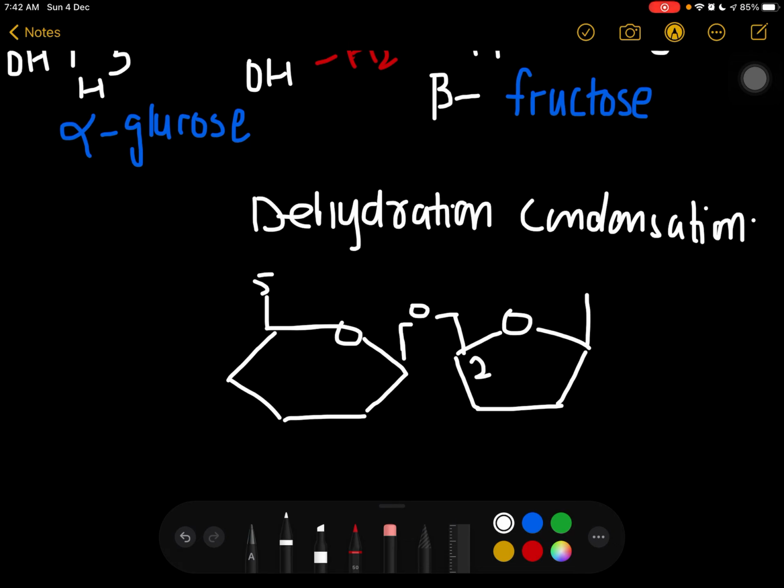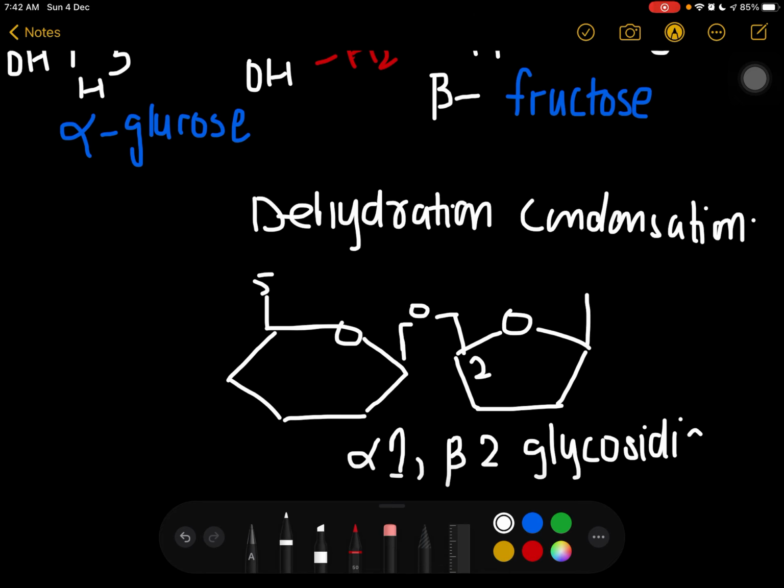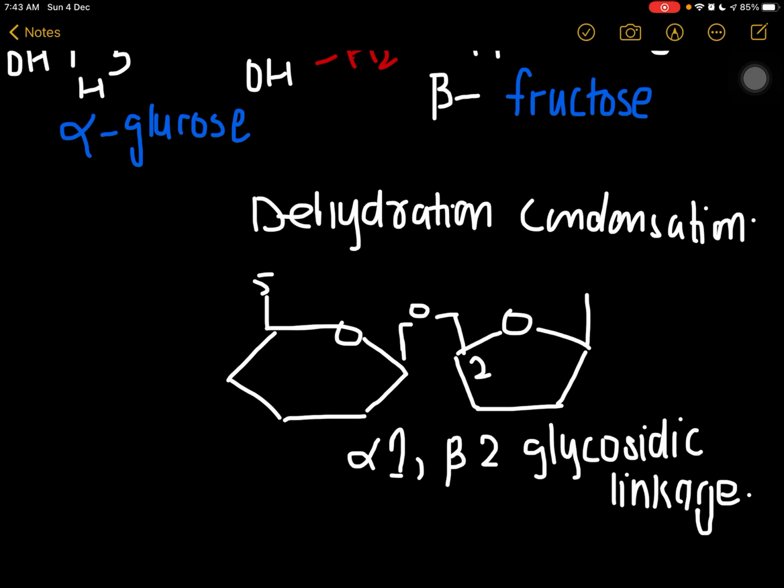Like this, and this bond will be known as alpha 1 beta 2 glycosidic linkage.